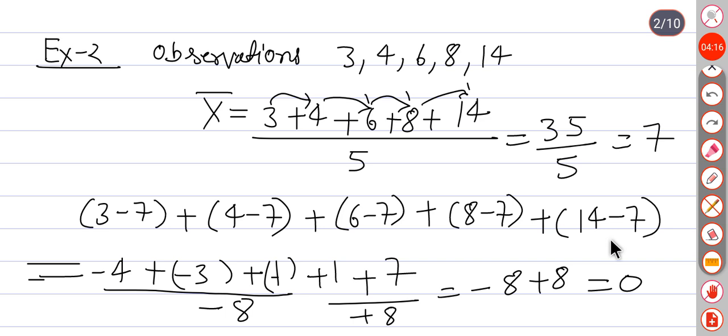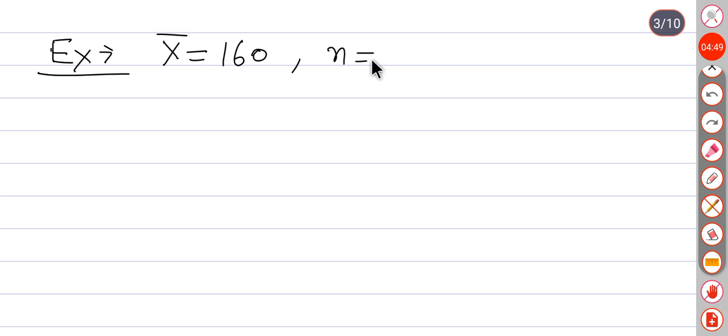Now let us take another example, example number 3. The mean of 40 observations was 160. That means the mean is 160 and the number of observations is 40.